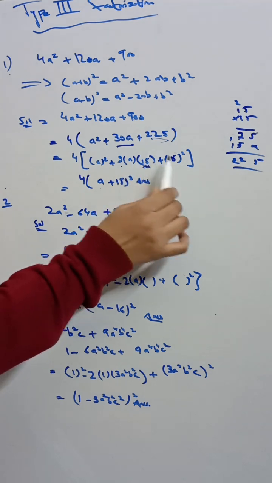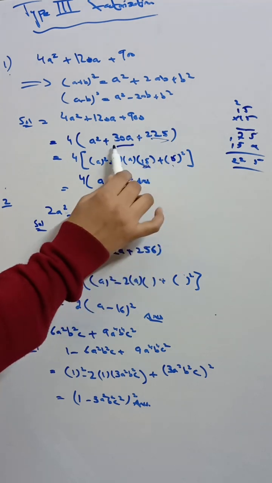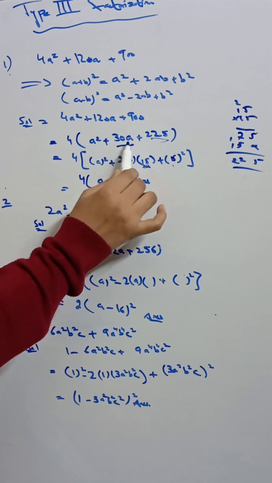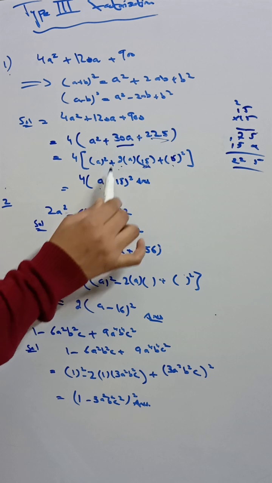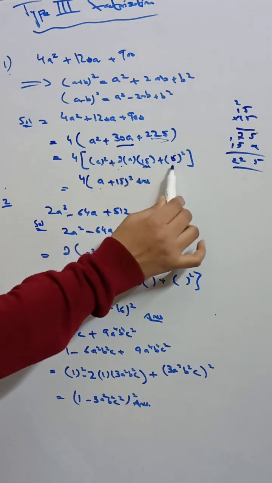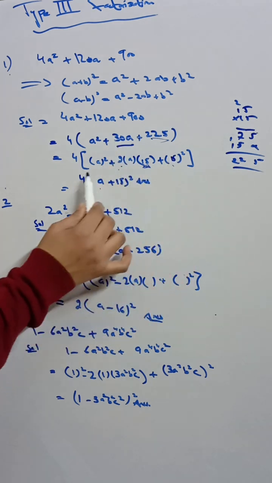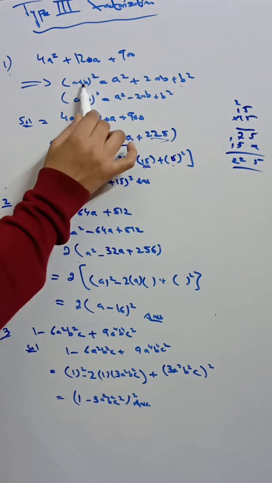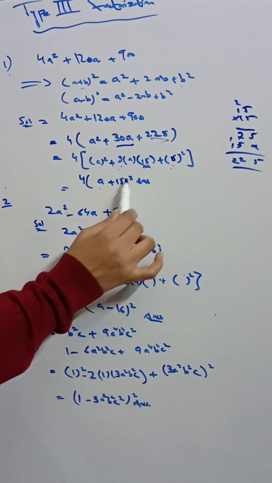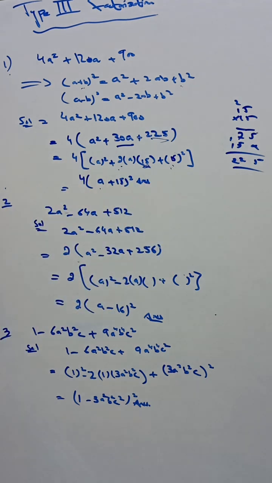If I don't know the value of B square, I can look at the center, 30A. 2 15s are 30, so it must be 15 whole square. Now A plus B, what is B here? 15. A plus 15 whole square is the answer. I hope you understand that.